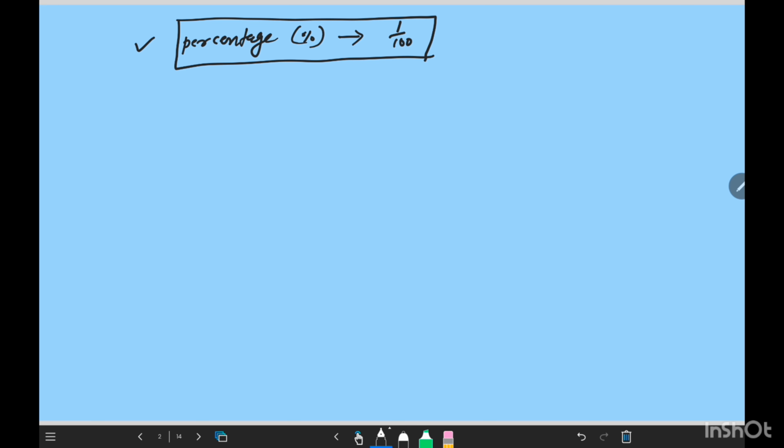When I say percentage, we are referring to something in 100, right? So if something is written like 1%, 2%, 3%, what do we mean by this? Percentage to fraction, how can we go? If something is written as a percentage, let's write p percentage, and then its fraction equivalence.